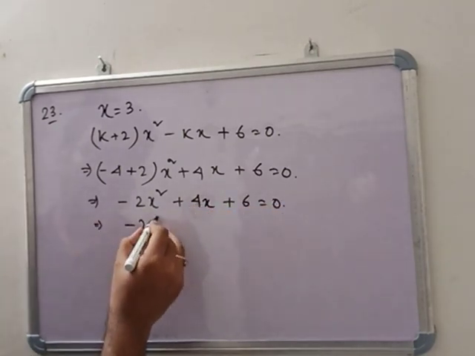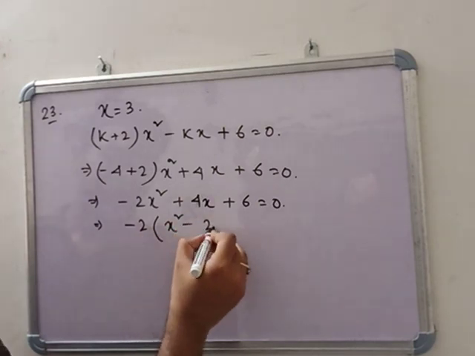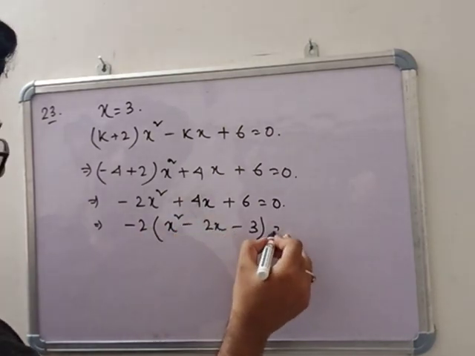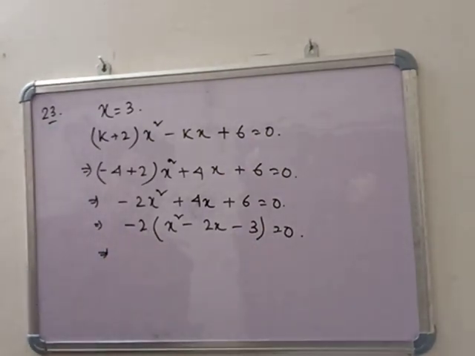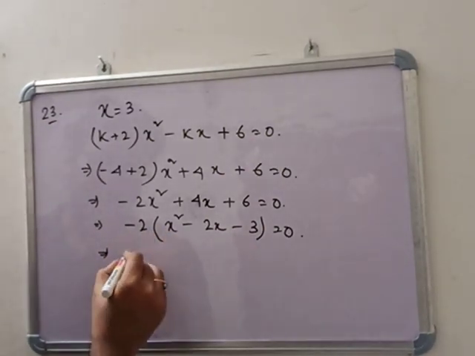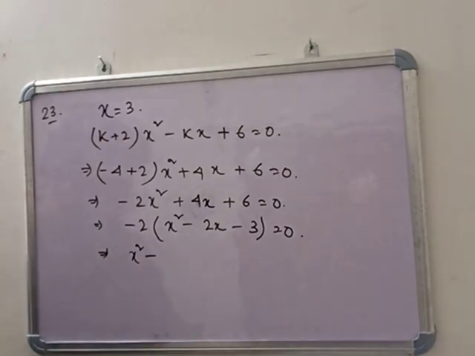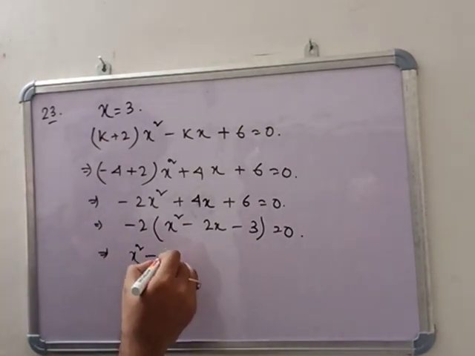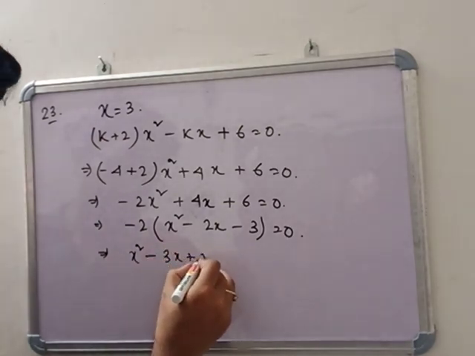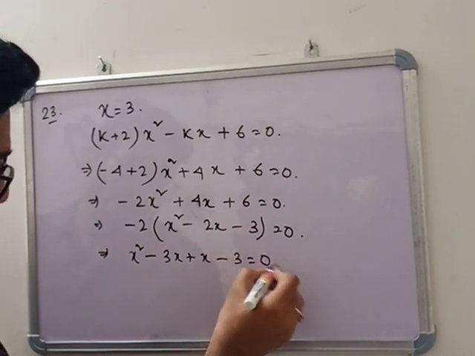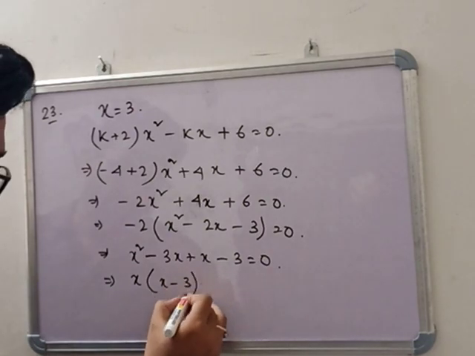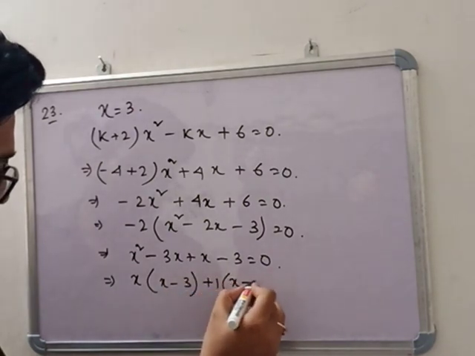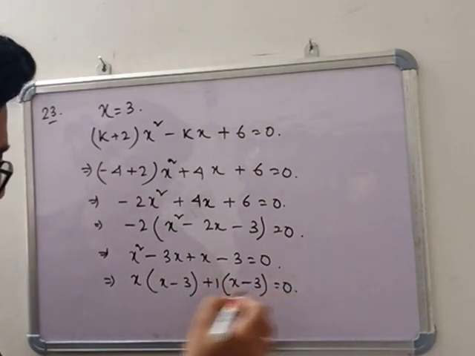Minus 2 common, so x square minus 2x minus 3 equals 0. So now minus 2 goes to this side, that means 0. We only solve this part. So x square minus 2x minus 3, that means 3 minus 1. So x square minus 3x plus x minus 3 equals 0. So x common, x minus 3 plus 1, x minus 3 equals 0.